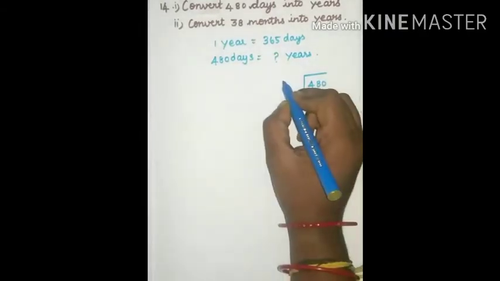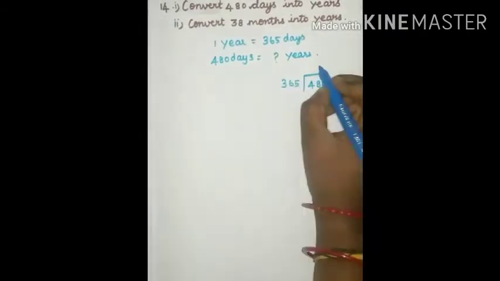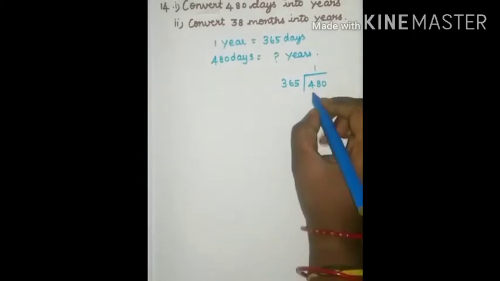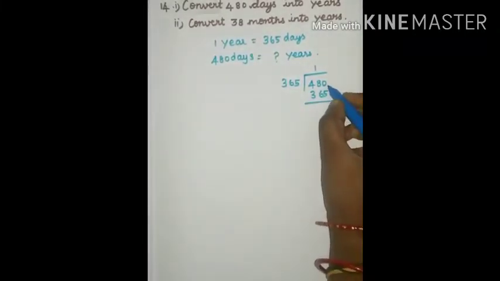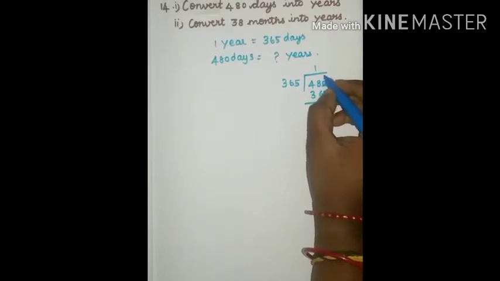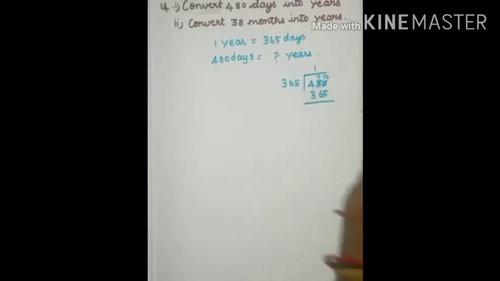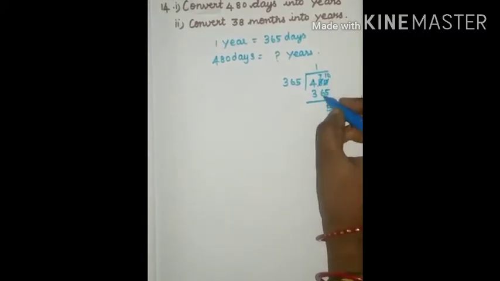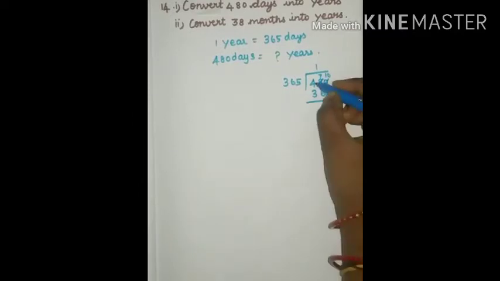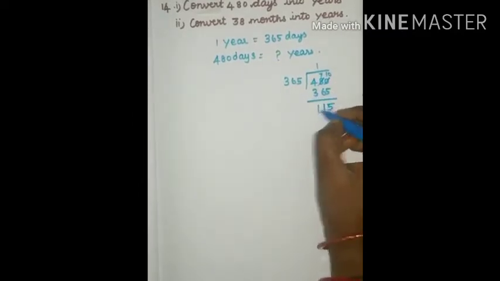480 divided by 365. 365 into 1 is 365. We can't subtract 5 from 0, so let's borrow. 8 will become 7 and 0 will become 10. 10 minus 5 is 5. 7 minus 6 is 1. 4 minus 3 is 1.